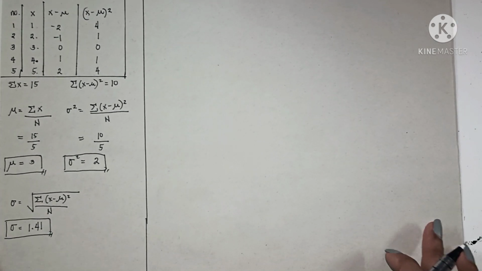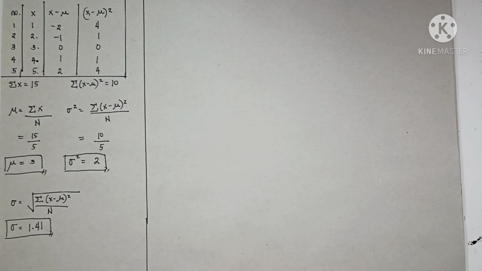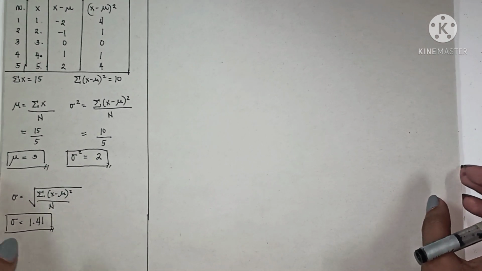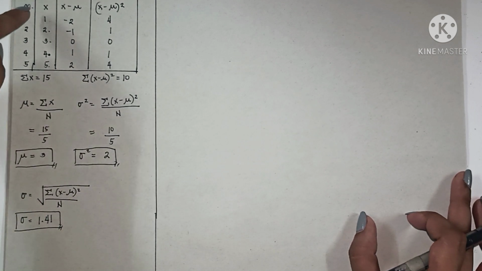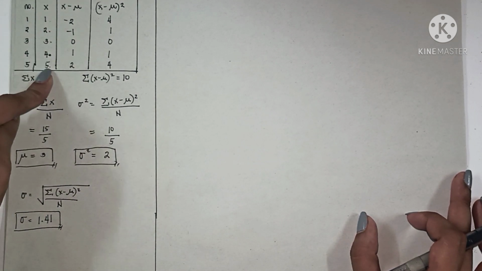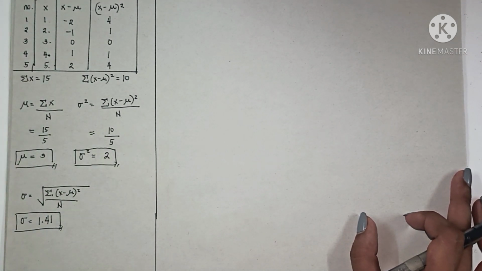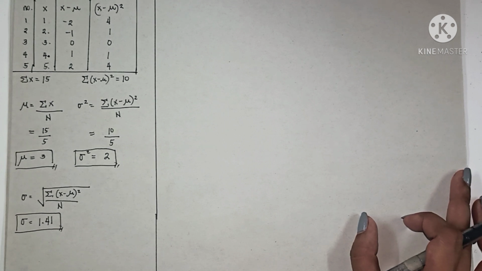Okay, so again, para makuha yung mean variance and SD of a sampling distribution of sample means, ang kailangan muna natin ulit is alamin kung ano-ano ba yung samples. Okay? So you need to list all the possible samples with the sample size of 2. So ibig sabihin, out of this 1, 2, 3, 4, and 5 na value ni X, ano yung mga possible combinations na mayroong sample size of 2?